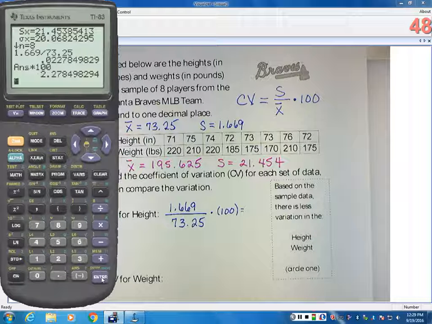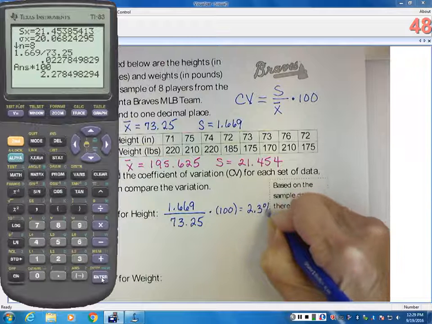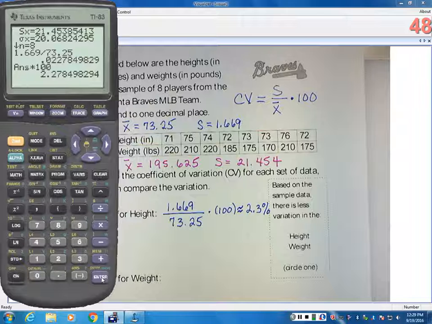So the coefficient of variation for the heights is 2.28%, or we can call that 2.3%. That's going to work fine. And now we're going to do the same thing for their weights.